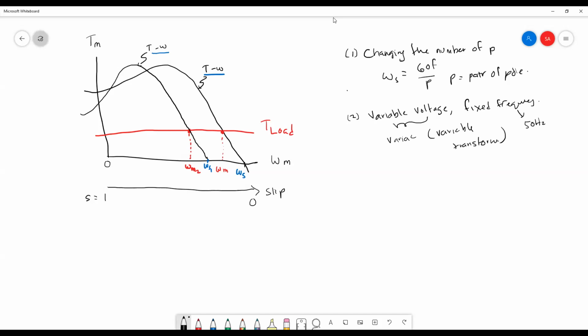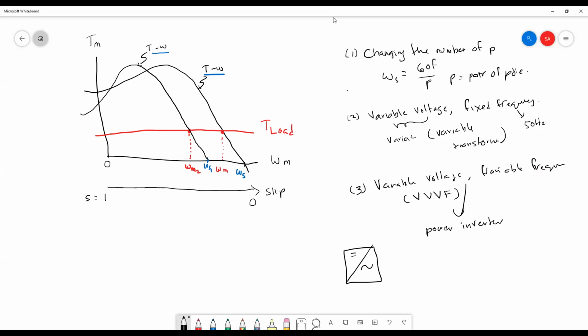And the third one is by varying voltage and frequency. This is also popular as VVVF, variable voltage and variable frequency. This can be easily done by having a power inverter.